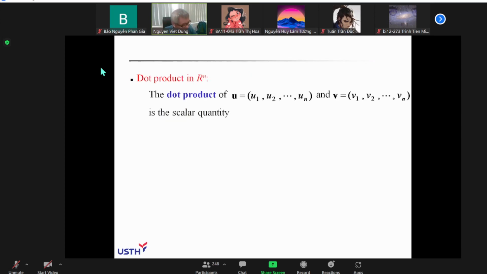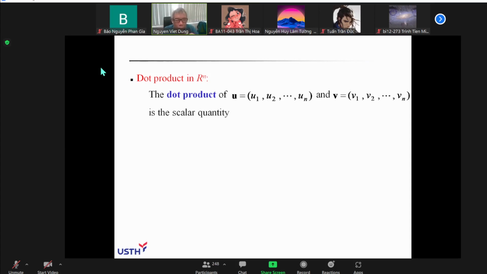Next, we define the dot product in n space. Suppose that you are given two vectors u and v with coordinates u1, u2, ..., un, and v1, v2, ..., vn. They must be two vectors of the same space, the same n space Rn.